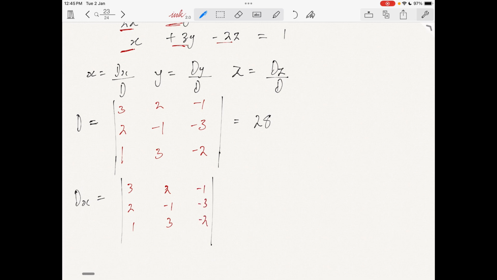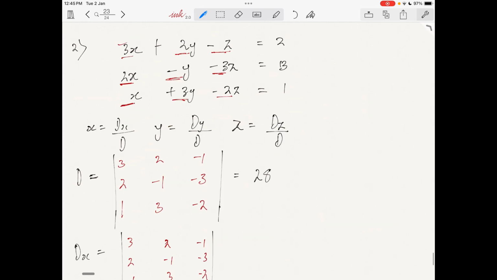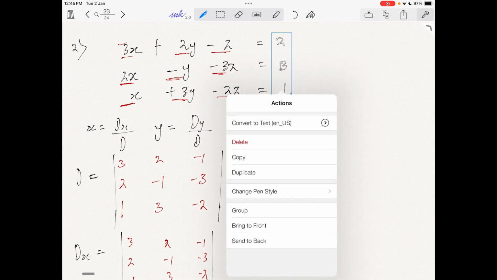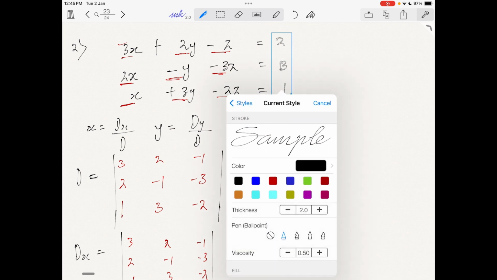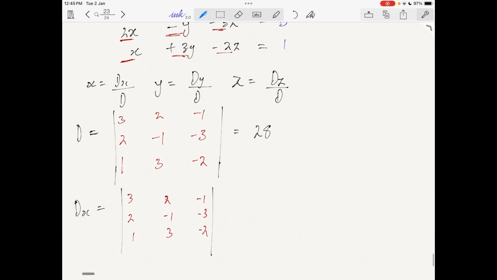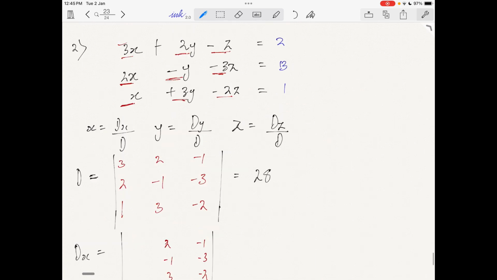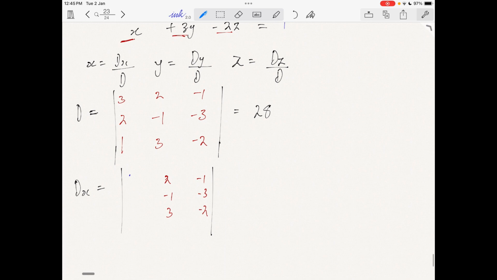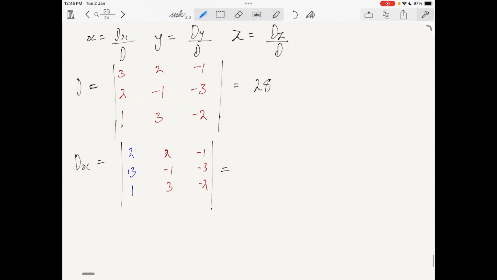In our dx we are changing the coefficient term of the x component, let me label this one blue, and we will change it with the constants we have here. That will give us 2, 13, 1. And when we evaluate the determinant here, our dx is also 28.